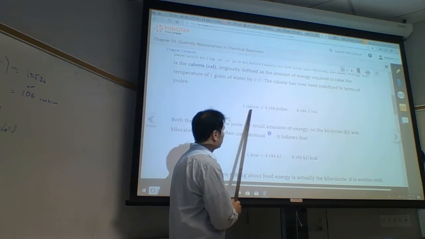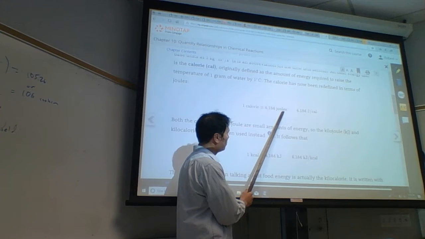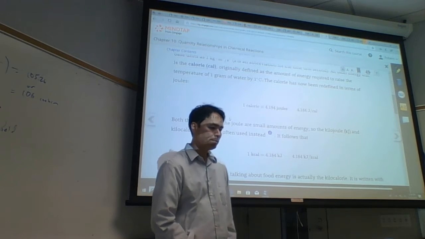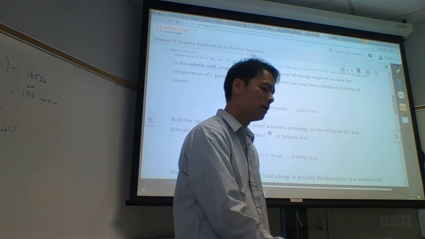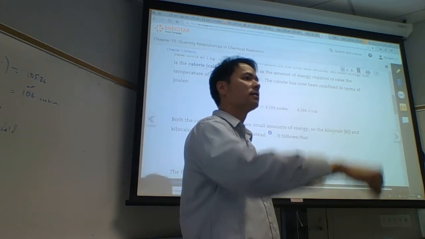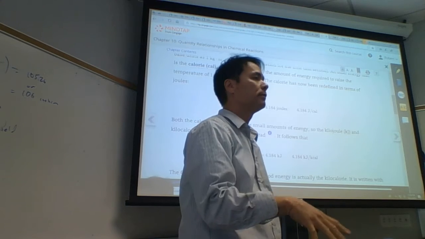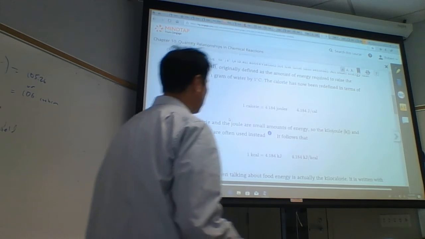We don't use calories that much. We use joules a lot more. Joules are defined a little differently, as mechanical work rather than heating something up. If you took a 1 kilogram mass and lifted it up by 1 meter against gravity, that would require a joule of energy.